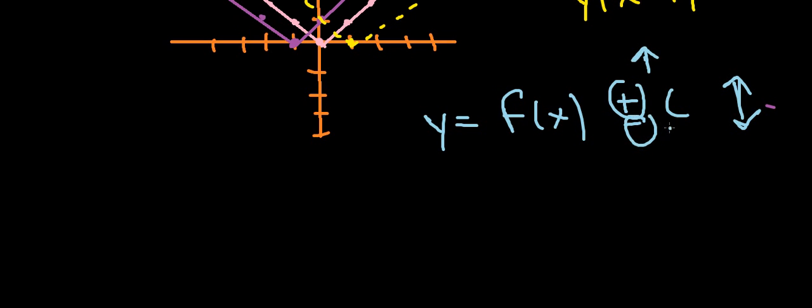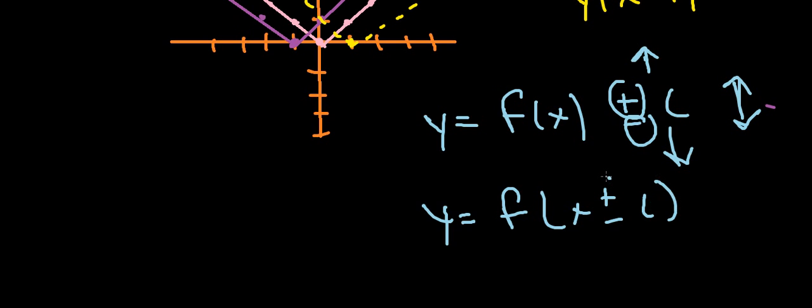If it's minus, it's down. When we have y is equal to f of x plus or minus some constant inside the function, when it is plus, it is a shift to the left, because this function is one step ahead. When it is a minus, this function is shifted to the right because it is one step behind.